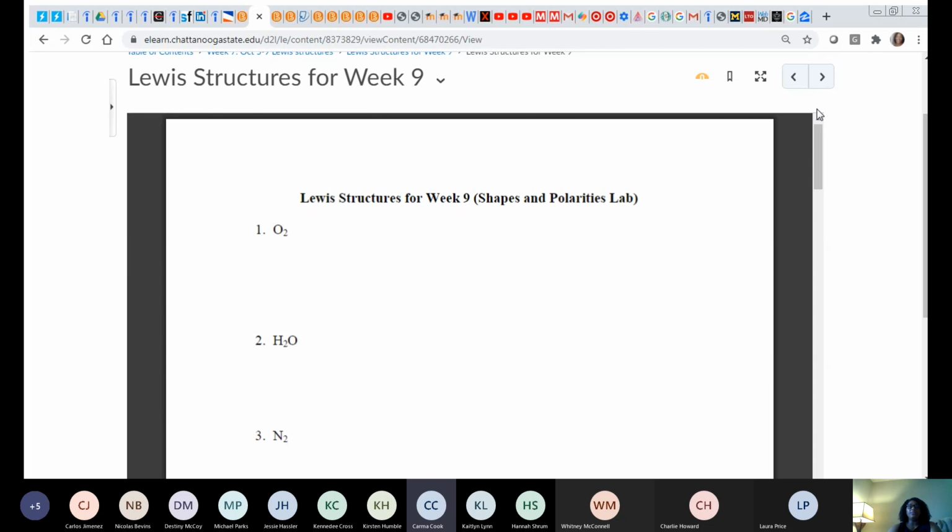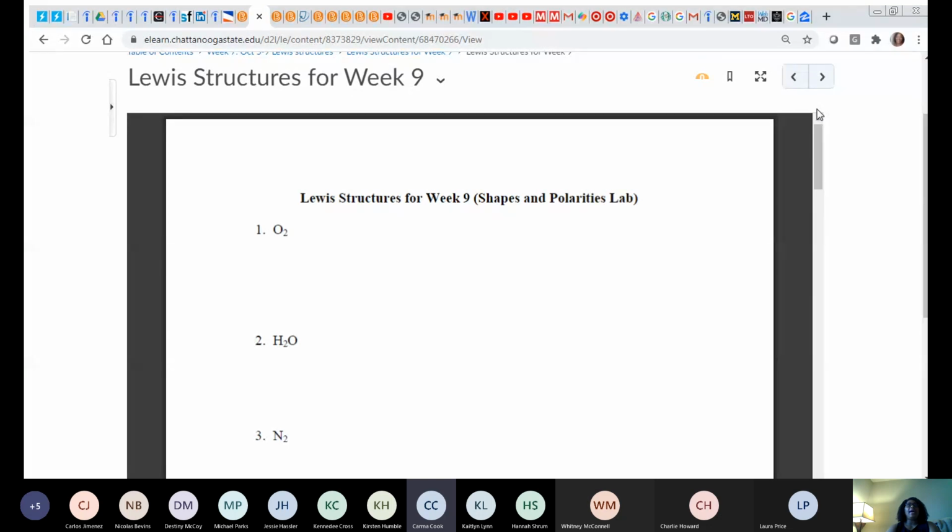Each of your lab reports counts 100 points. For week 9, these Lewis structures that you are to draw prior to lab will count for 10 points of your 100. I'm not going to grade these Lewis structures based on correctness, just completeness. As long as you've drawn a Lewis structure for each of these 17 compounds, you'll get the 10 points, okay?